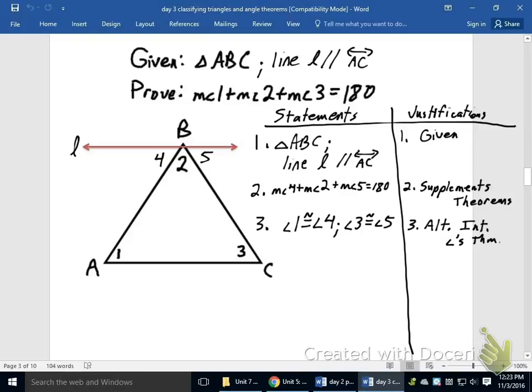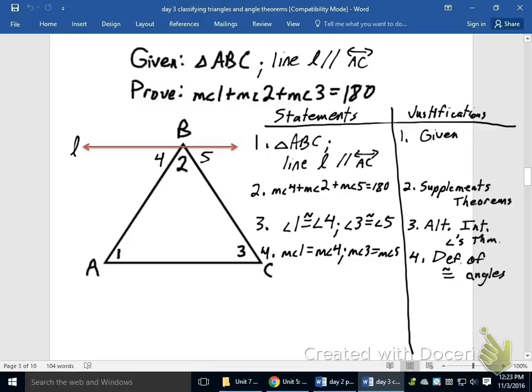I am going to mention that their measures are equal. So the measure of angle 1 equals the measure of angle 4. The measure of angle 3 equals the measure of angle 5. And that is by definition of congruent angles. Now I can make use of that in the equation that I had earlier.